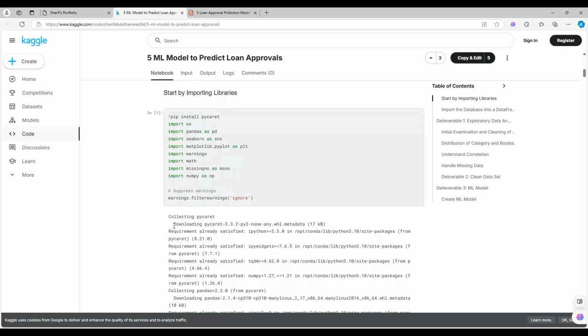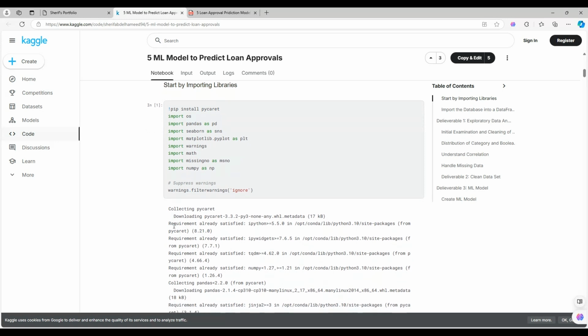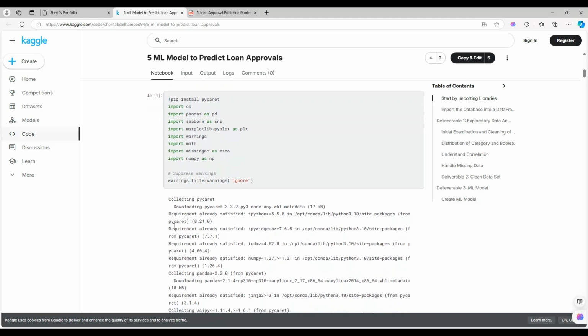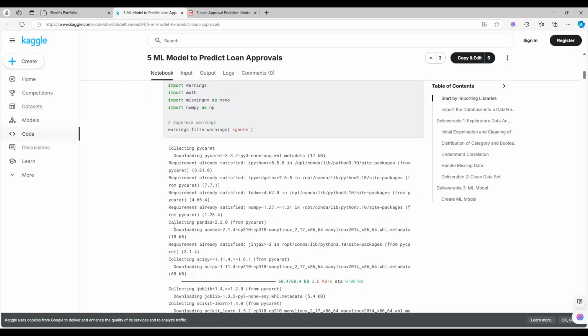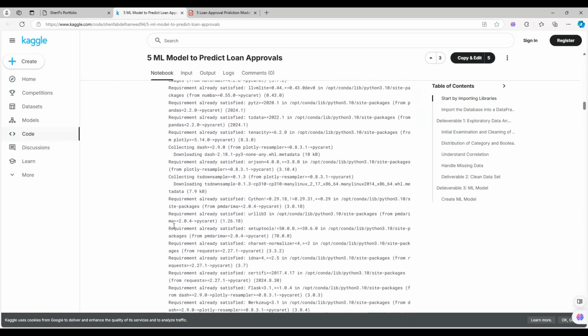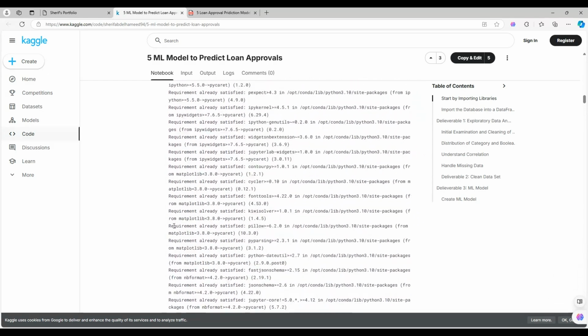Math is for doing calculations, and missingno is the one we will use to deal with missing data. NumPy is also for statistics and calculations.